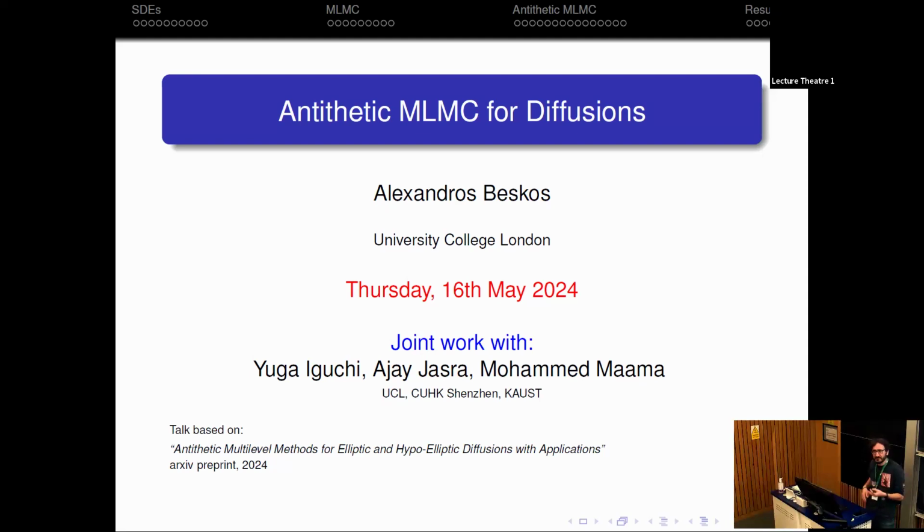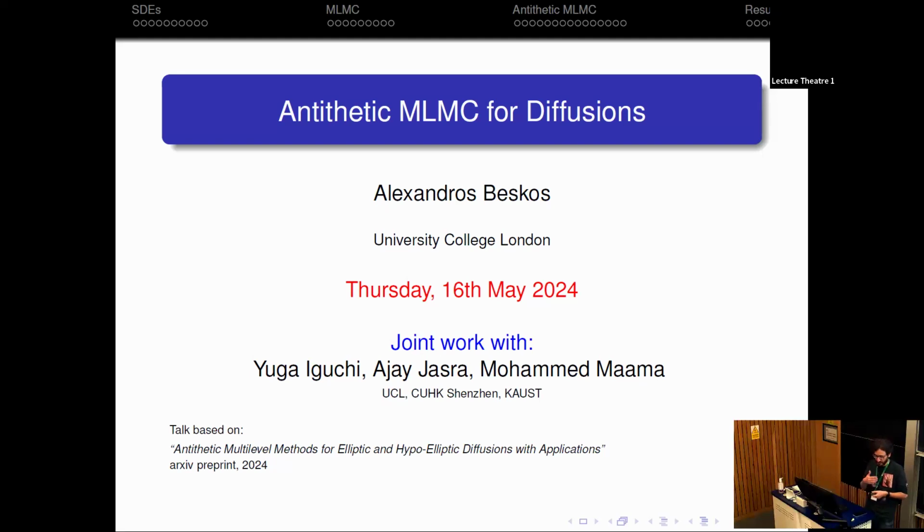But there is this antithetic trick: you can omit these terms that increase the strong error, and you can use an antithetic idea, some sort of plus or minus signs, and when you apply the multilevel idea, you can recover the original strong error of these complicated schemes.